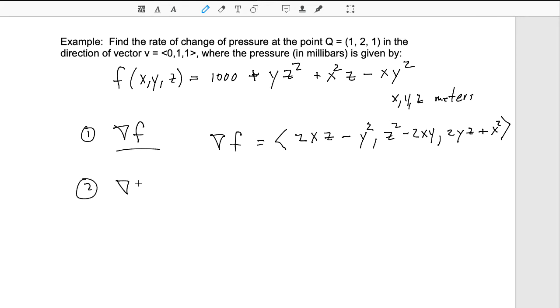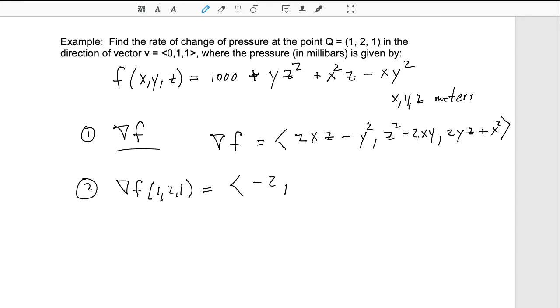Then we just imagine plugging in the point (1, 2, 1), so the gradient of f evaluated at (1, 2, 1). These are ones. So we have 2 minus 2 squared, which looks like negative 2 here.